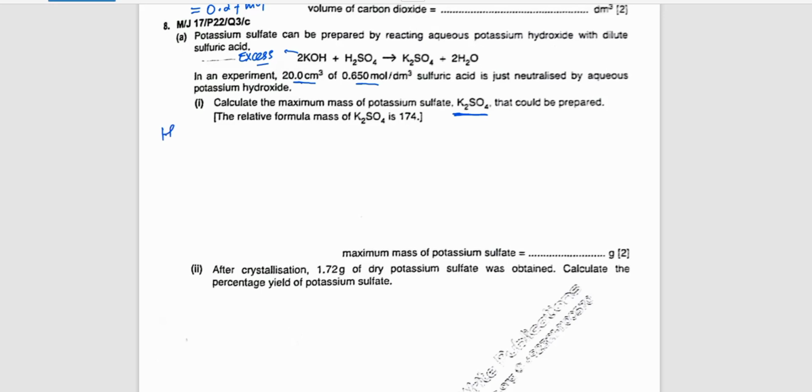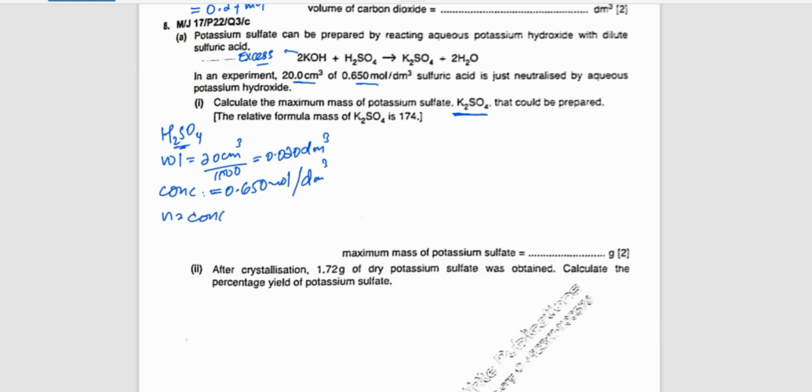Okay, let me write here H2SO4. So volume is given, 20 cm cube. To convert into dm cube, divide by 1000, it becomes 0.020 dm cube. Its concentration is equal to 0.650 mole per dm cube. So number of moles, you know that, is concentration multiplied by volume. Concentration is 0.650 mole per dm cube multiplied by volume 0.020 dm cube.